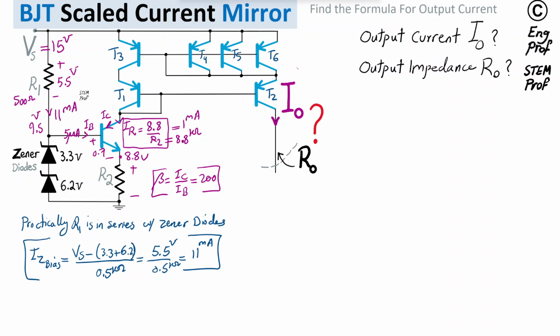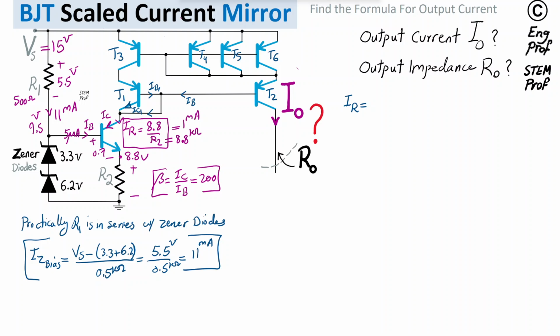Now, I can say the reference current, the collector of the NPN transistor, I can write it this way. The reference current is equal to the collector current of T1, IC1, and also the sum of the base current of transistor 1 and the base current of transistor number 2.